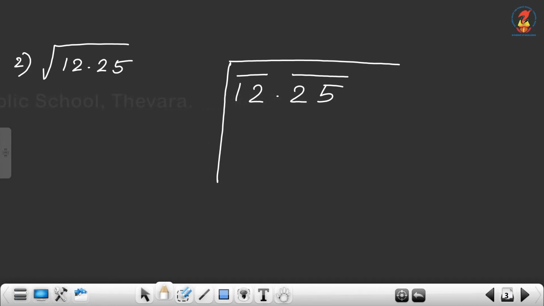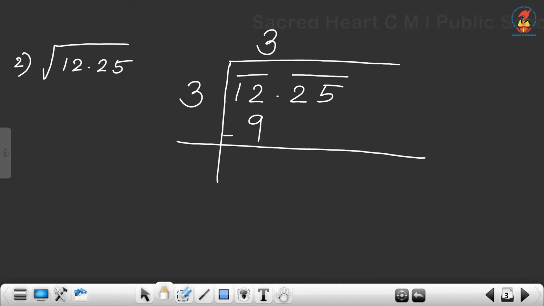So, if you take 3, 3 square 9, if you take 4, 4 square is 16. So, we can take 3 as the divisor. Then write this 3 as the quotient. Then 3 into 3, 9. Find the difference. 12 minus 9, 3. Now look at that, next decimal point comes, so put decimal point in the quotient. Bring the next pair down, 25. So 325 is the new dividend.